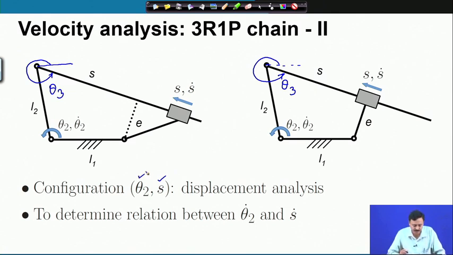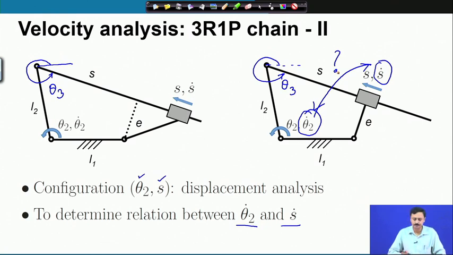This we have already discussed before. The problem of velocity analysis is to determine the relation between theta 2 dot and S dot. We have here theta 2 dot and S dot, and we want to find the relation between these two.